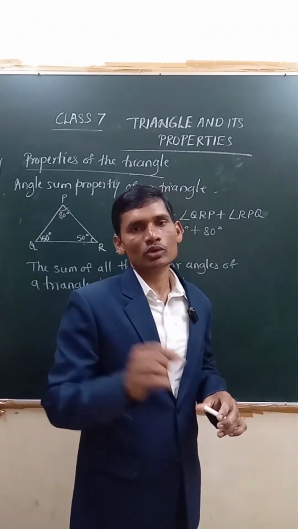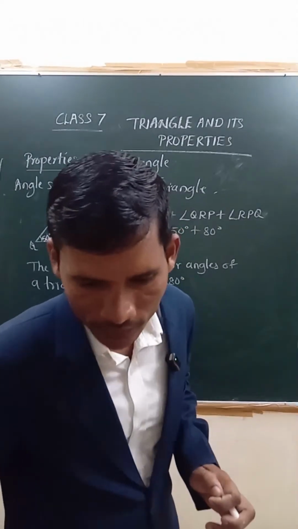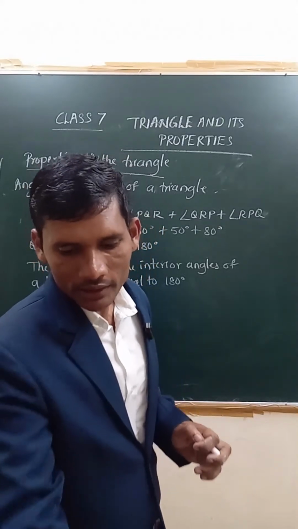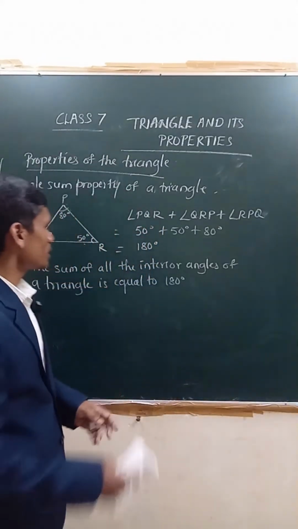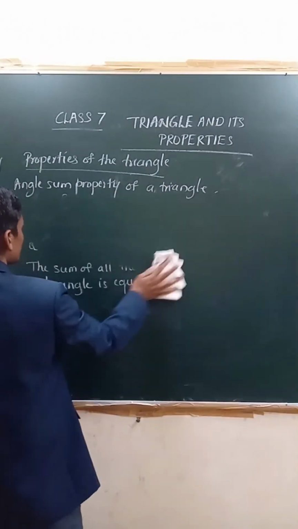And one last property comes in these properties. What is that? In a right angle triangle, the Pythagoras rule comes. What is that Pythagoras rule? We'll see it once.